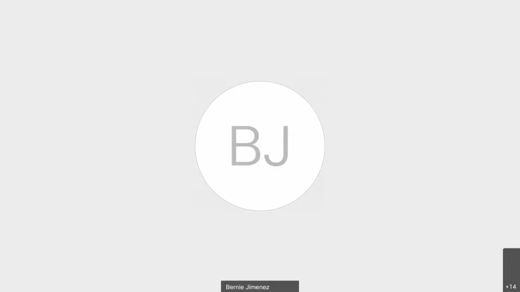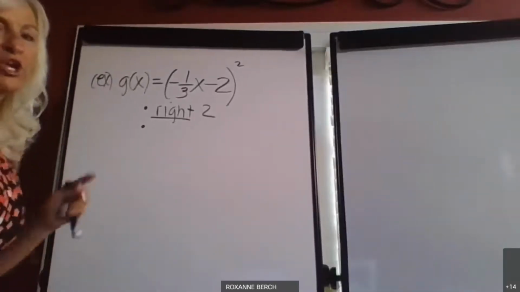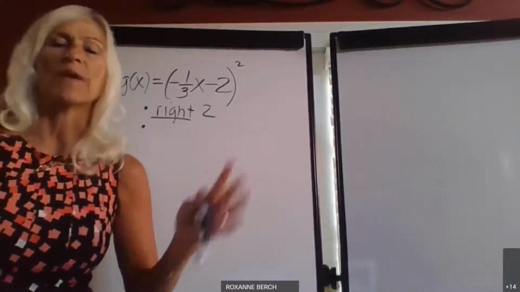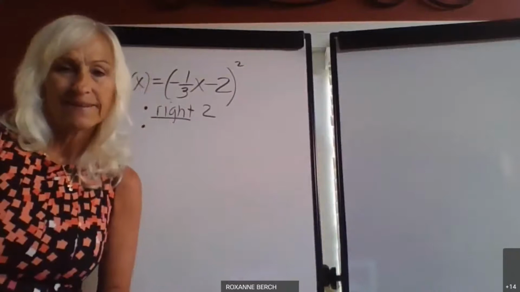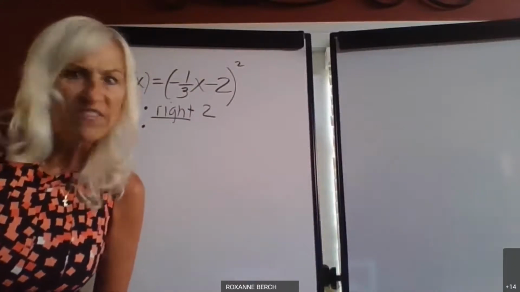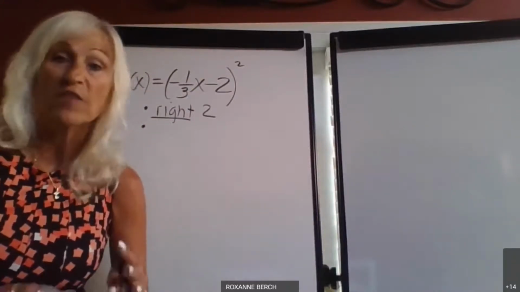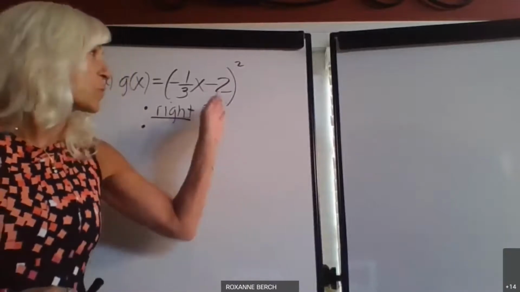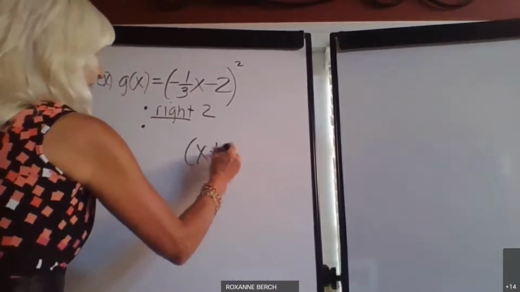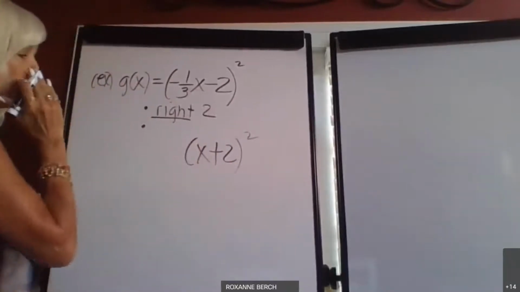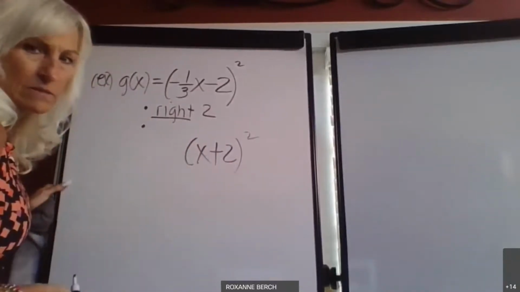Every form we use, cubic, absolute value, logarithmic, exponential, all of them have a minus in it. So don't look at the minus. It's part of the form. This is right 2. If you have something like this, can you see that's not a minus?